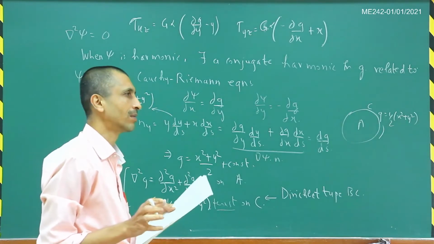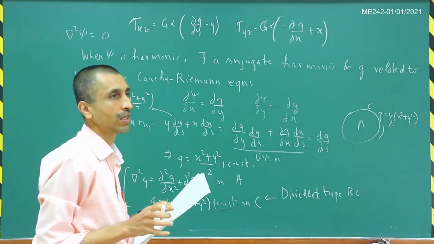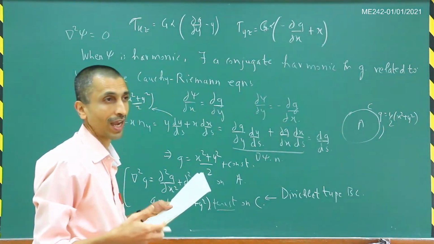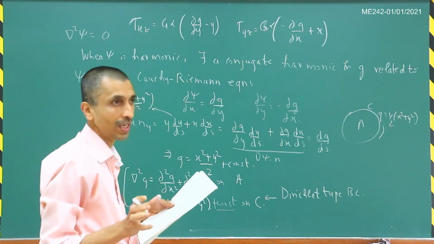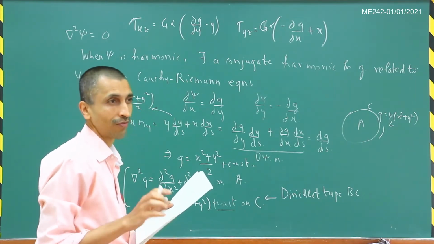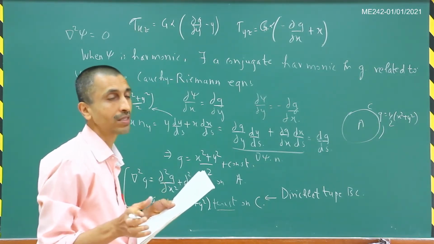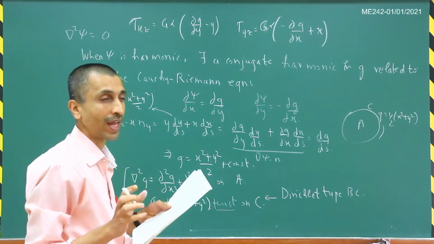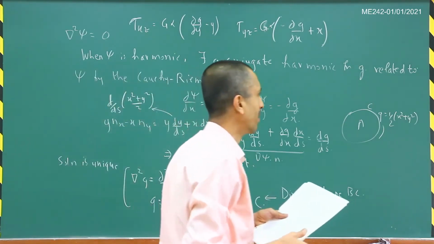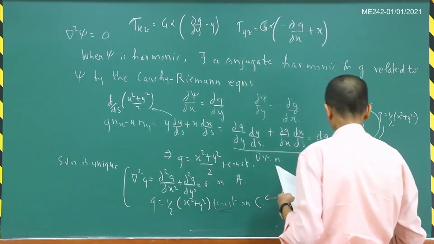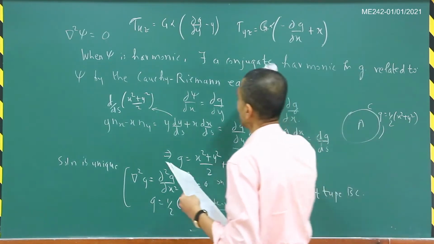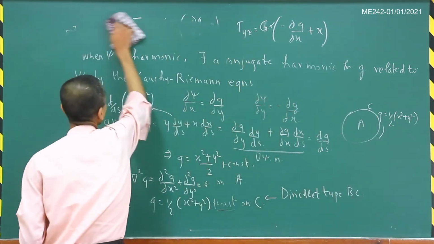You have probably seen this approach in your fluid mechanics course when you are doing ideal fluid flow, the potential function and the stream function, right? They are the real and the imaginary parts of a complex valued analytic function. So this is very similar to that. So let us look at how to generate the two functions xi and g.